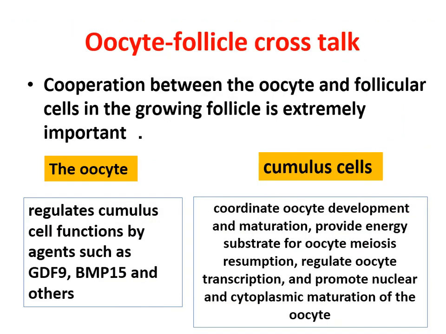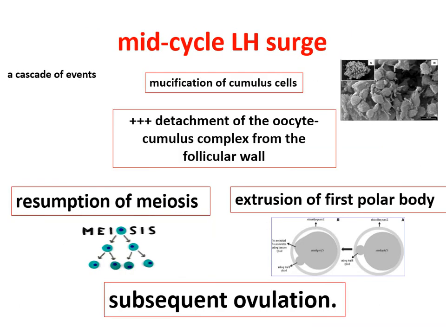Moreover, there is a dialogue between the oocytes and cumulus cells. The cumulus cells coordinate oocyte development and maturation, provide energy substrate for oocyte meiosis resumption, regulate oocyte transcription, and promote nuclear and cytoplasmic maturation of the oocyte. On the other hand, the oocytes regulate cumulus cell function by some agents. So the cumulus and oocytes are not just attached with tight junctions, they enhance the function of each other.